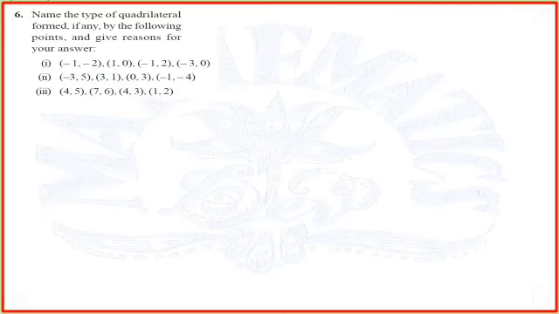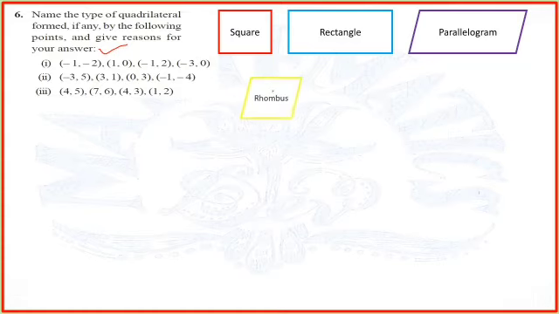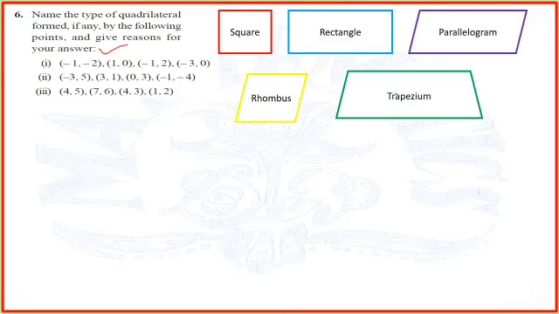Question number 6. Name the type of quadrilateral formed, if any, by the following points and give reason for your answer. You already know there are basically 5 types of quadrilateral: square, rectangle, parallelogram, rhombus, and lastly trapezium.